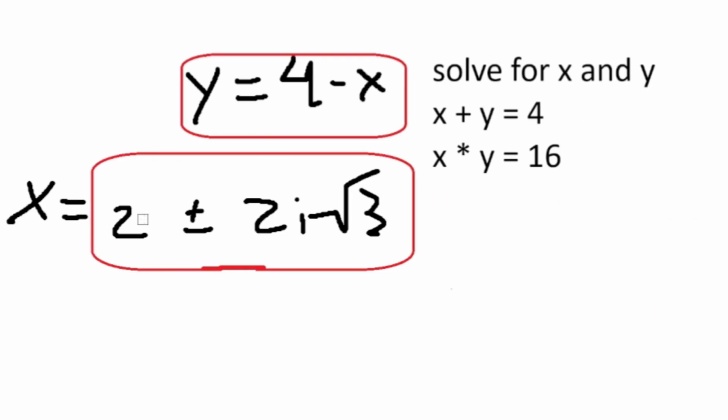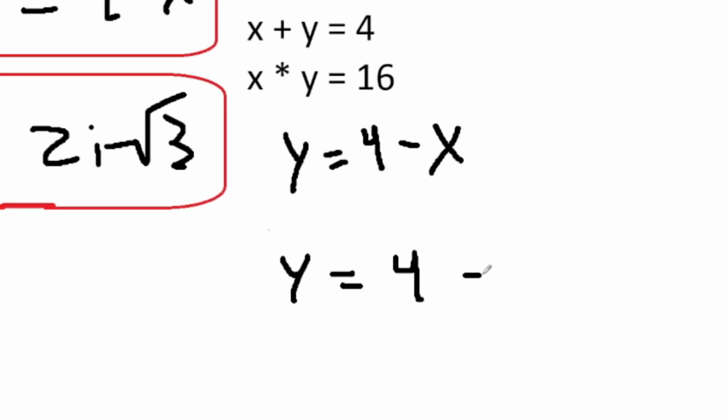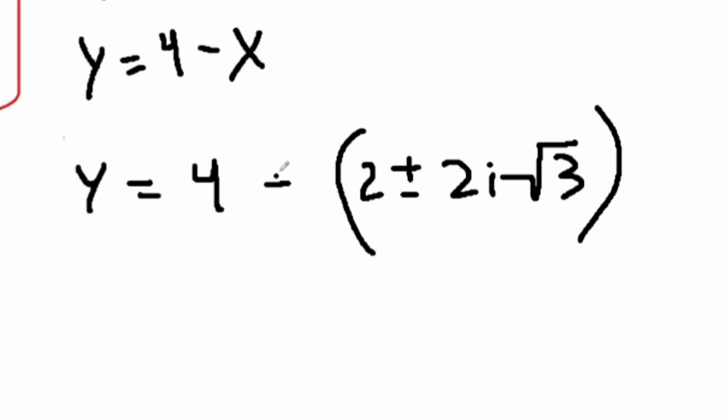Okay, now that we have x, let's try to figure out what y is. So we know that y is equal to 4 minus x. Let's substitute x in for this. So we have y is equal to 4 minus 2 plus or minus 2i root 3. Now we have to distribute this negative in here.